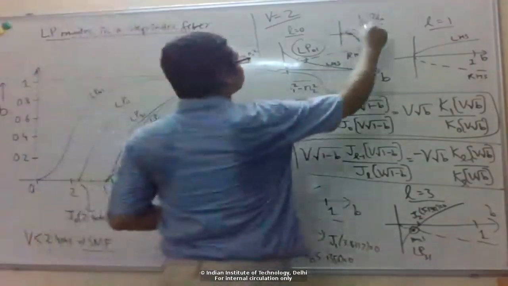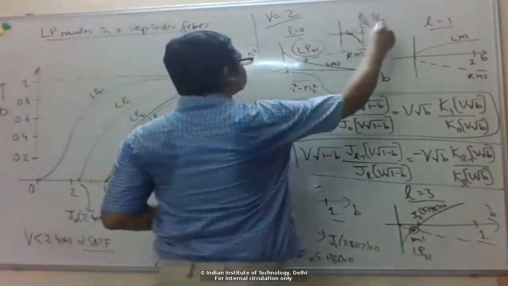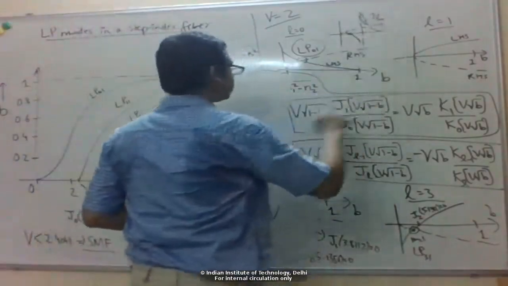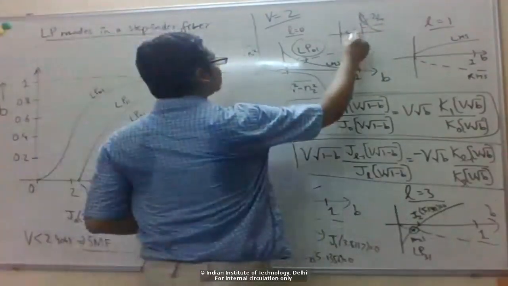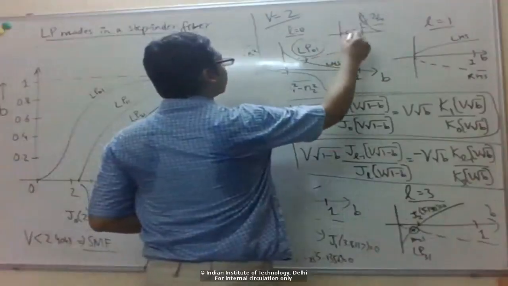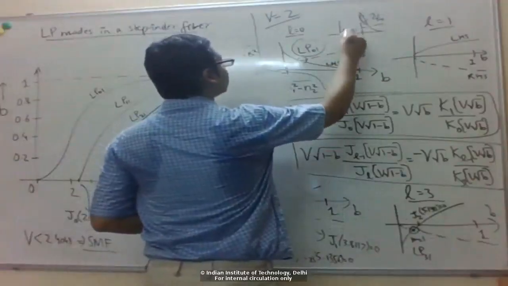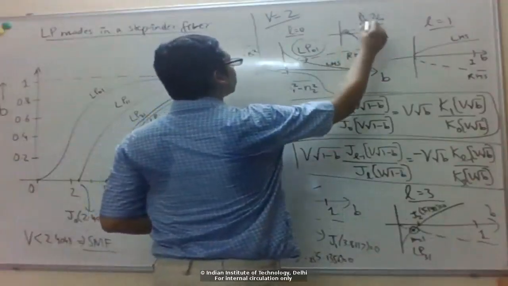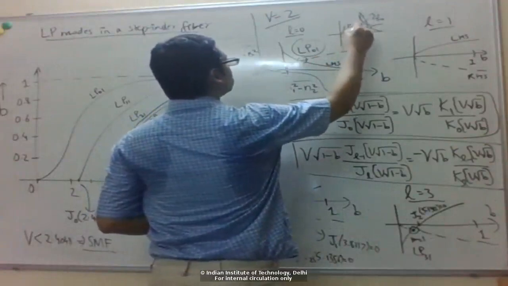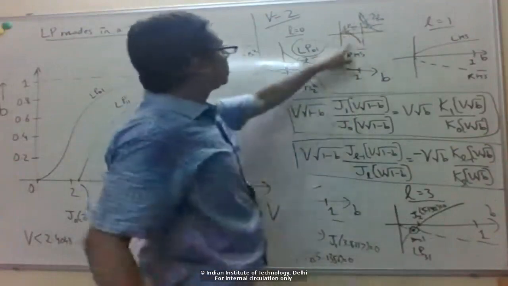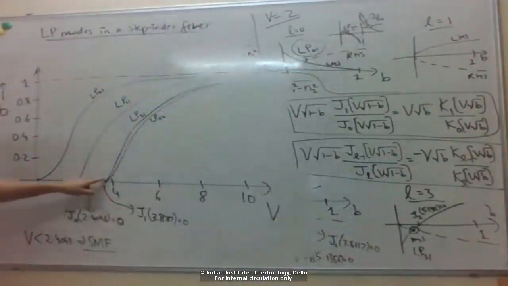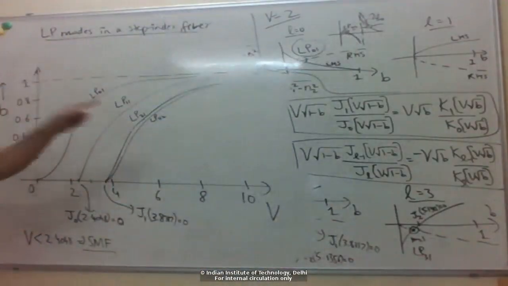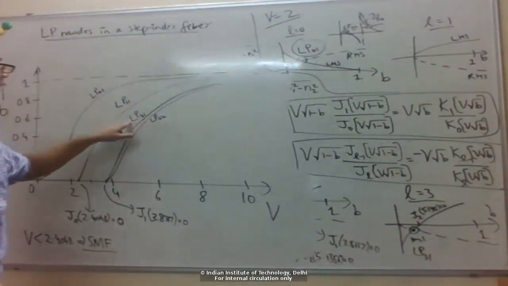It blows up first when the J0 root is encountered, which is at 2.4, and then it becomes 0 when the J1 root is encountered. After that, you get the second mode. The first mode you already got here. The second mode, LP02, you will get once you cross the 0 of J1, which is what is happening here. So that is LP02.